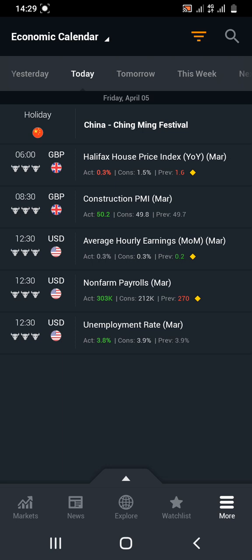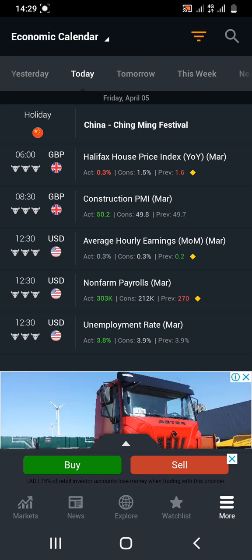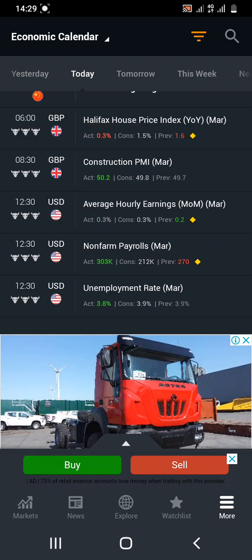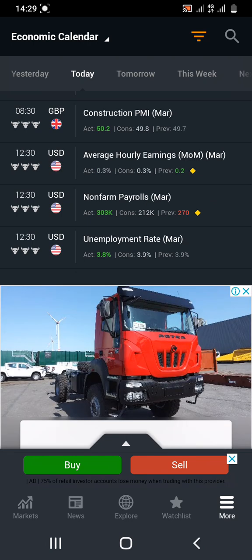Right now, the news released today was three news items for the US dollar. For the Forex people, that is GBP, but we will trade cryptocurrency. Today the news released was average hourly earnings, non-farm payroll and the unemployment rate.